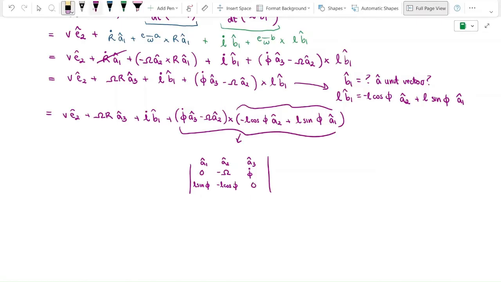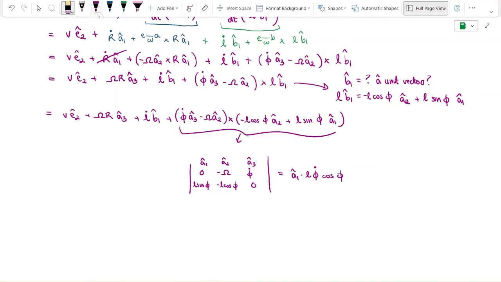Then I take the first column, get rid of it, and the coefficient is the determinant of the remaining matrix: 0 times negative omega minus negative L cosine phi times phi dot. So this gives me L phi dot cosine phi.